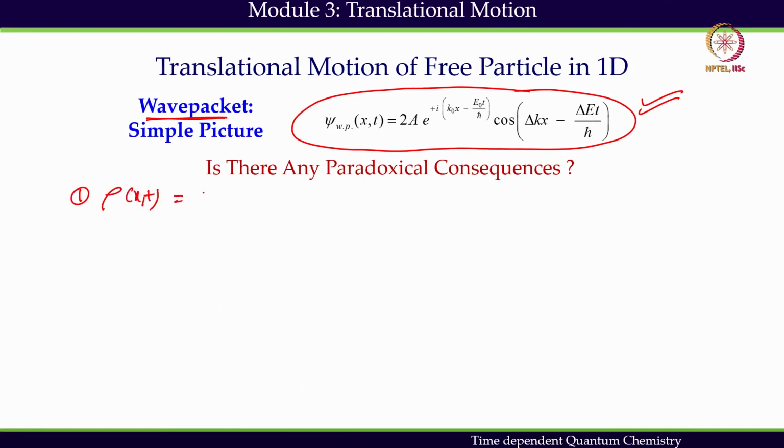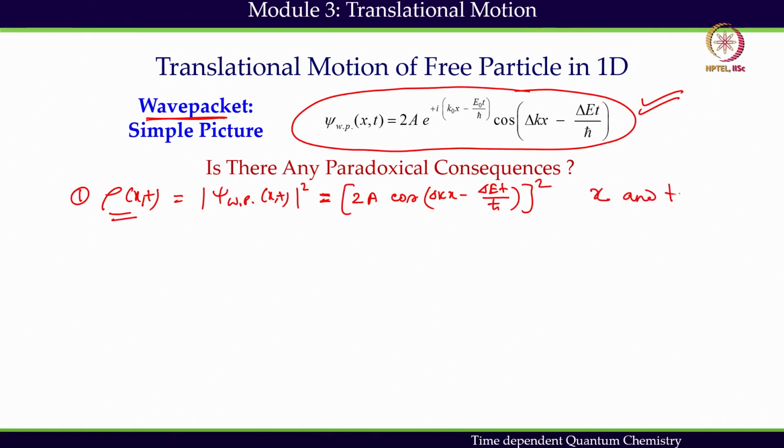The probability density for this wave packet is given by the absolute square of the wave function, which is 2a cos of (delta k x minus delta E t by h cut), whole squared. Now, rho depends on x and t.